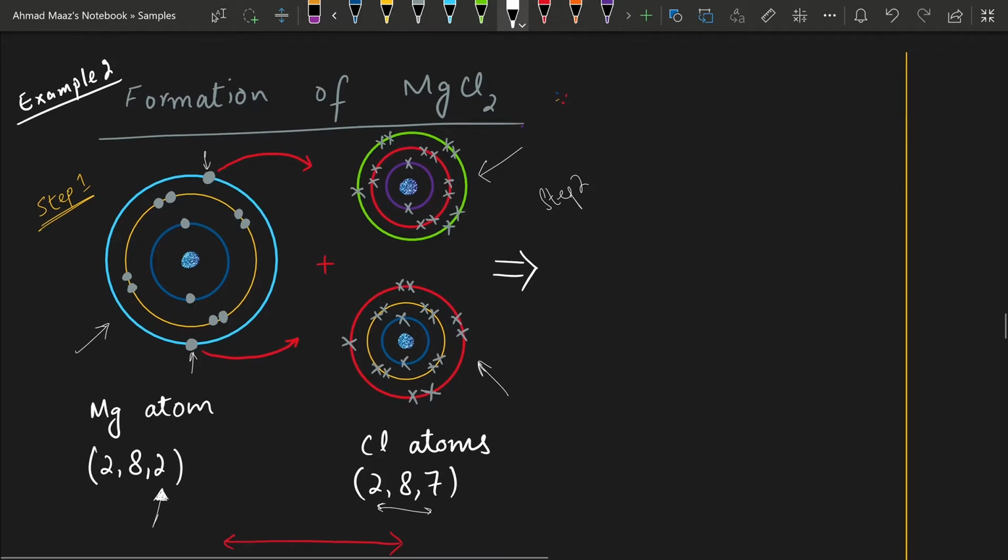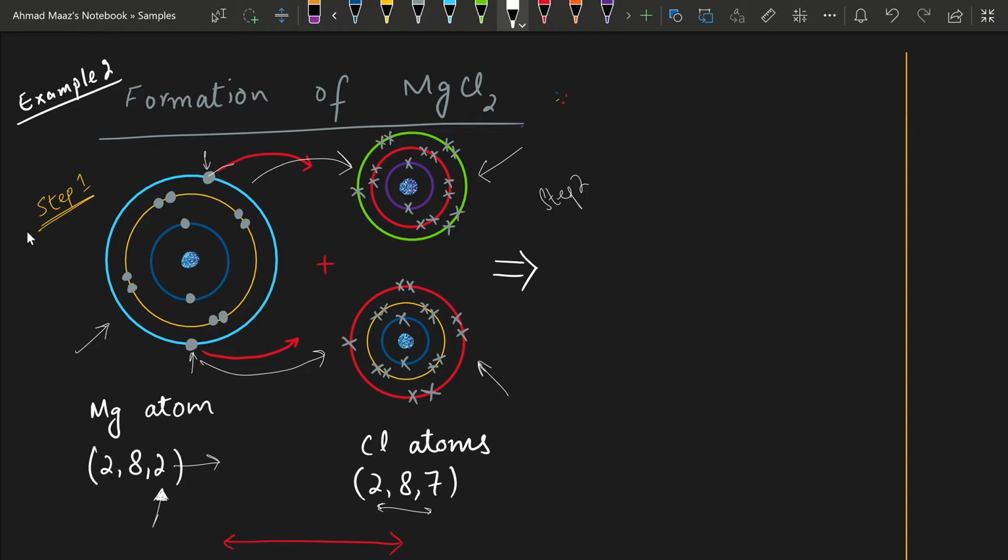Chlorine needs one more electron in its valence shell to complete its octet. So the 2 electrons from magnesium will be donated to 2 chlorine atoms so that those 2 chlorine atoms can complete their octet.